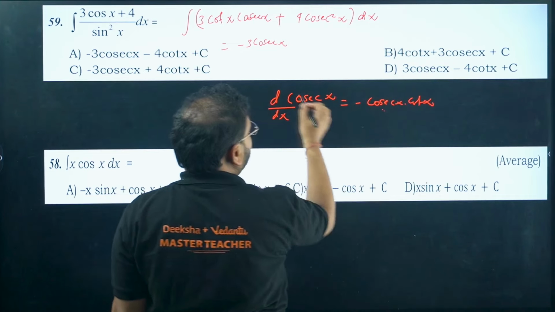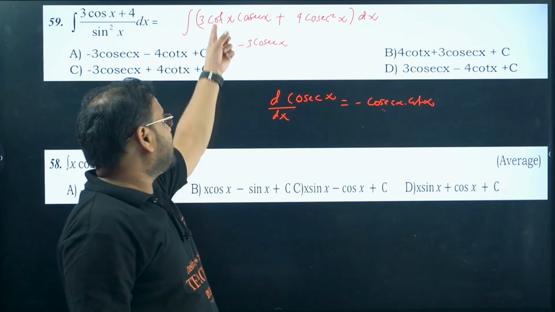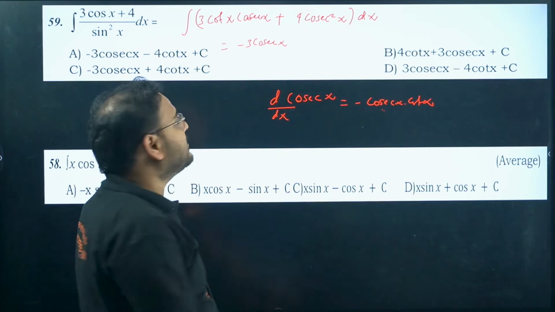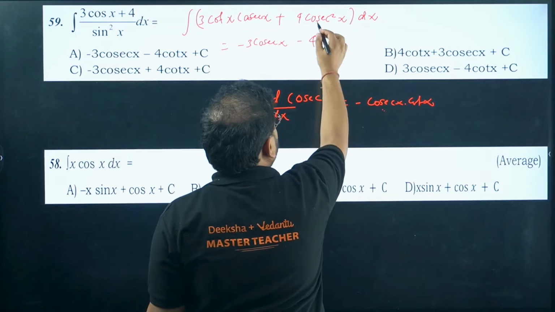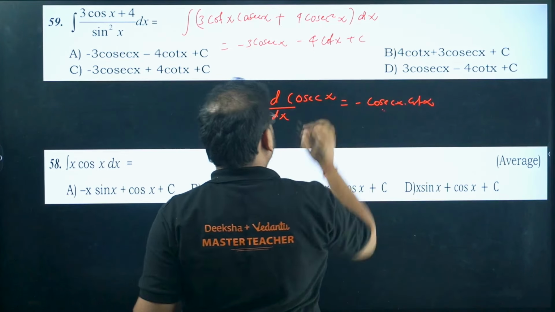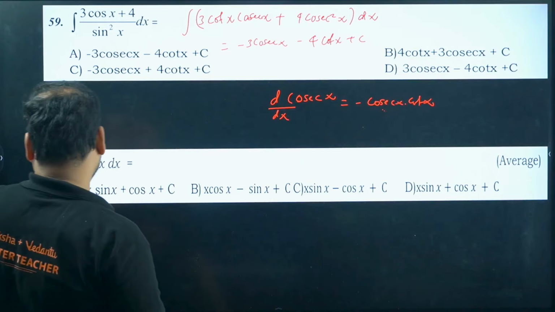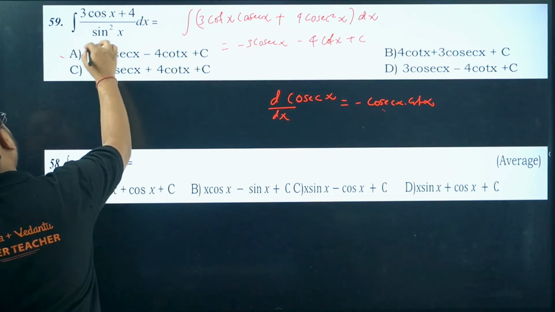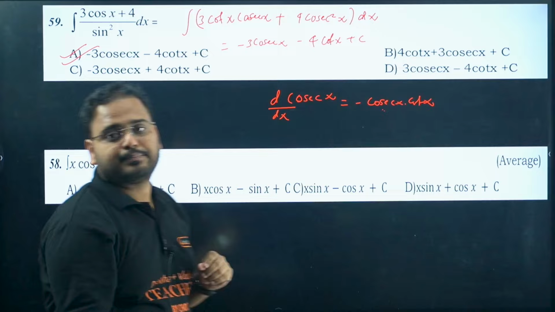So if you integrate this, you'll get this part. Since there was no minus sign over here, you'll get minus in this term, and same fashion over here, minus 4 cosec square will become minus 4 cot x plus c. So minus 3 cosec x minus 4 cot x. I think we have the answer, no doubt about it.